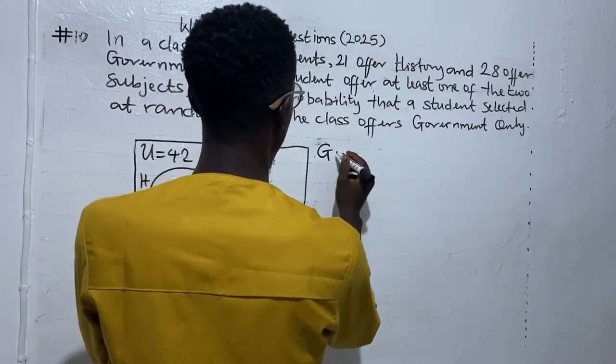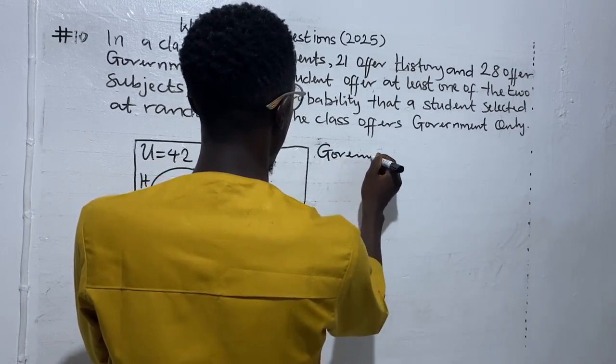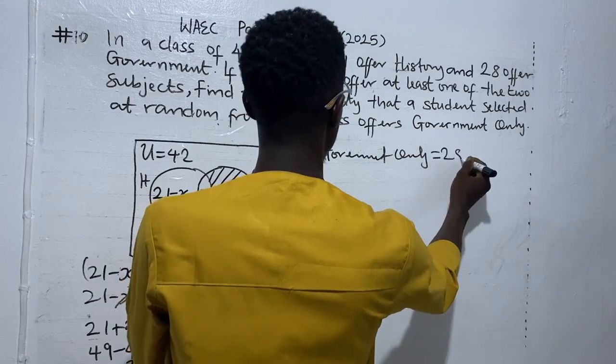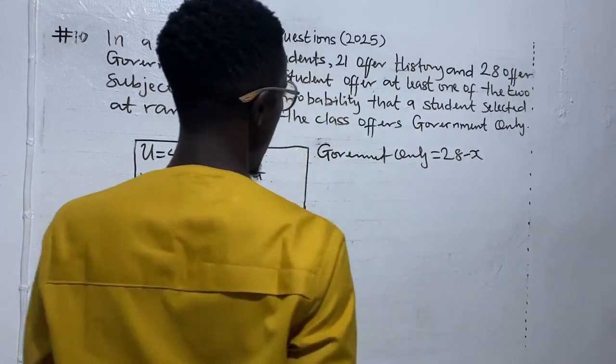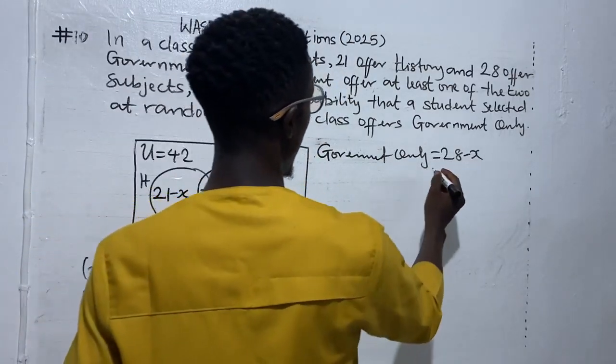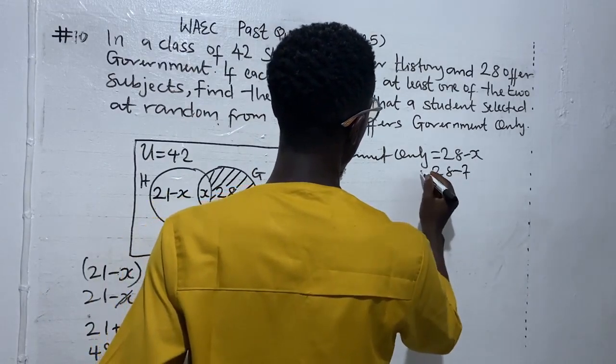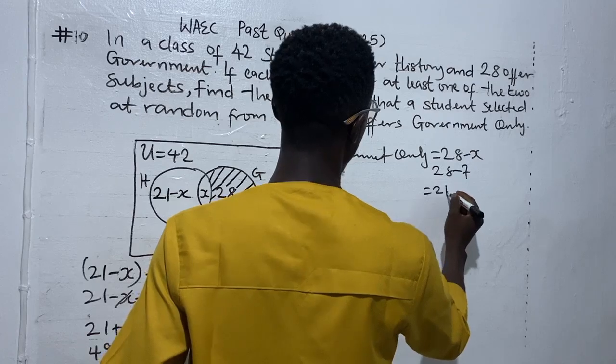Let me write it clearly. Government only equals 28 minus x. We know that x is 7 already, so we have 28 minus 7. That gives us 21.